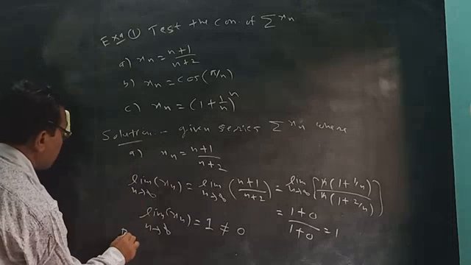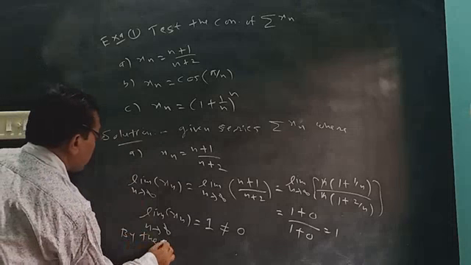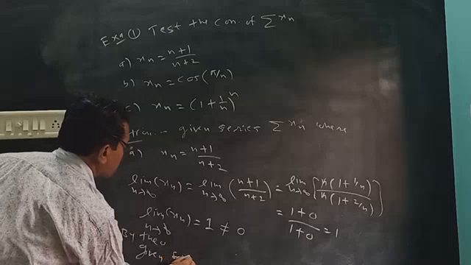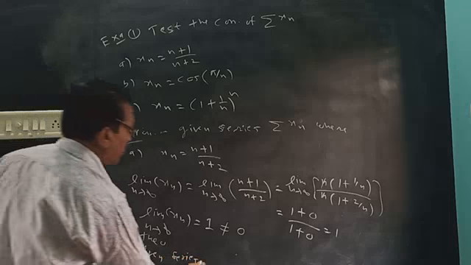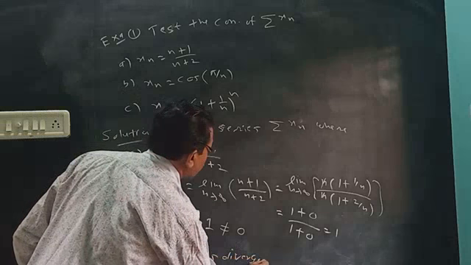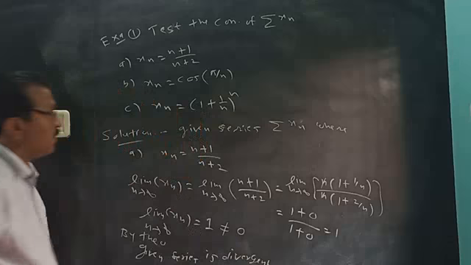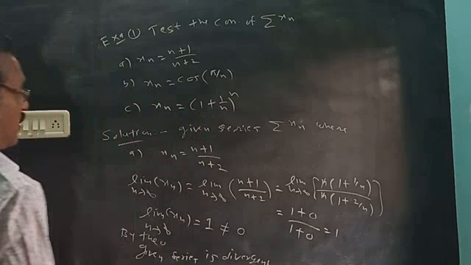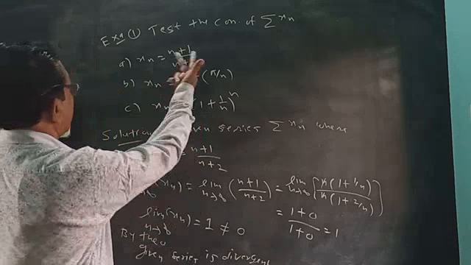Therefore, by the theorem, the given series is divergent, since for convergence the limit must be 0. Okay, so this is the first part, part A.